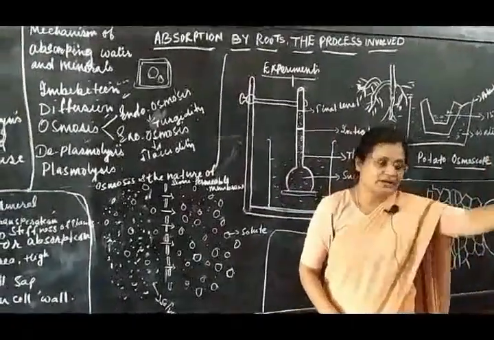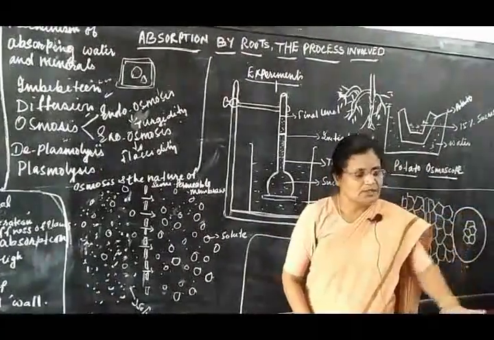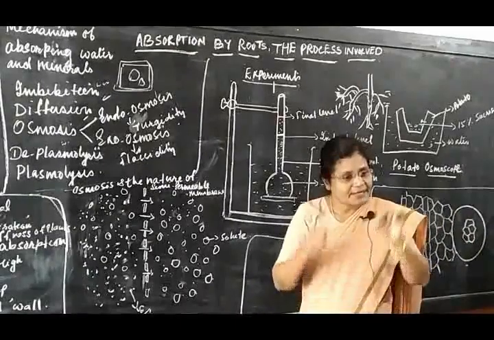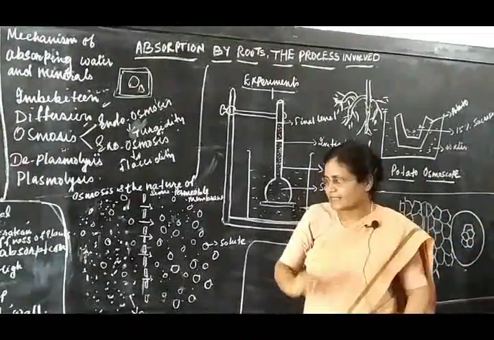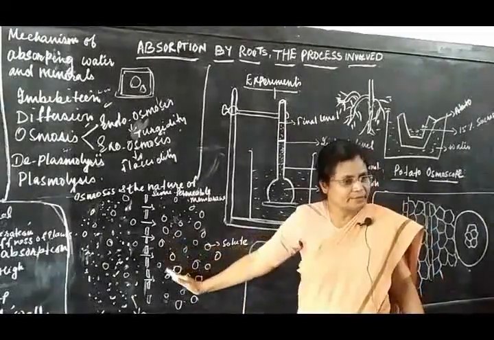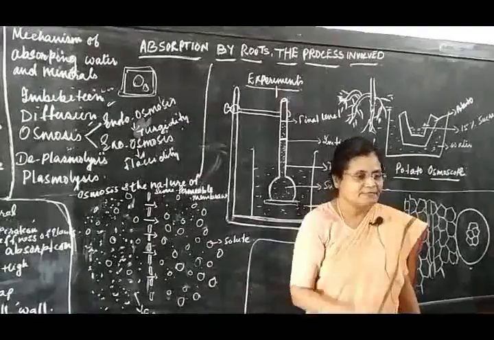I told you in diffusion you have all three states of molecules, there higher to lower, here also higher to lower, but here only water molecules from higher to lower. Another important point is the semi-permeable membrane, because osmosis takes place only in living cells.